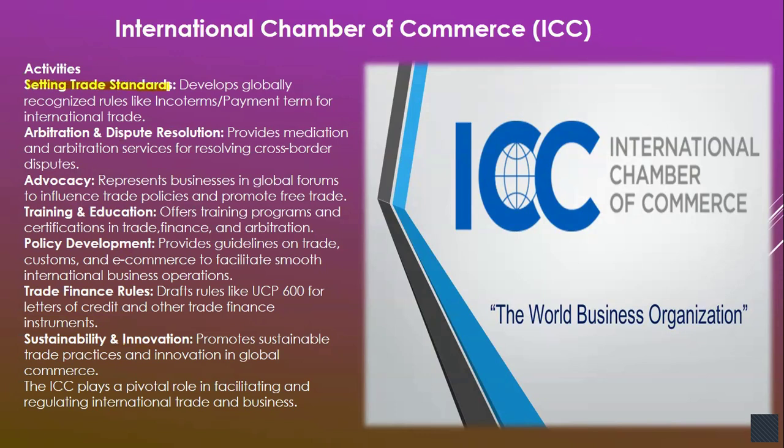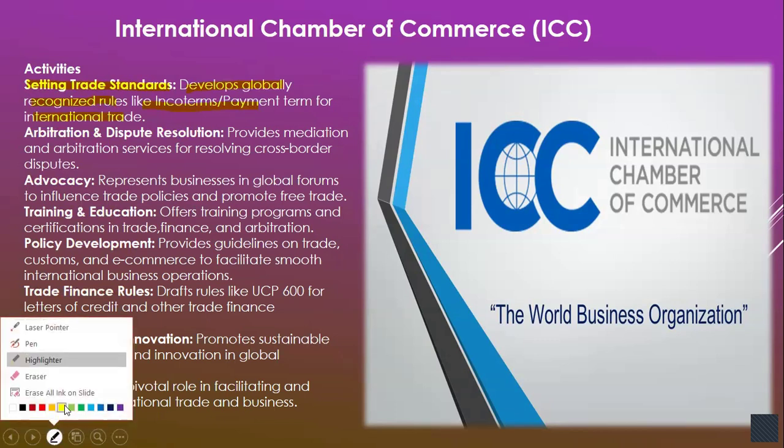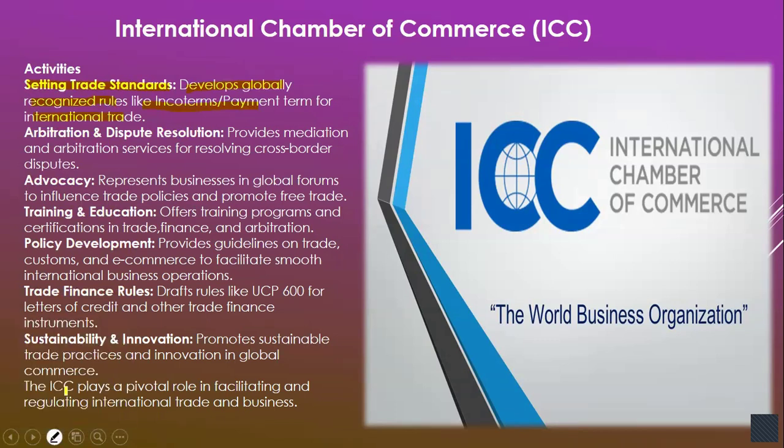Setting trade standards. The International Chamber of Commerce develops globally recognized rules, like Incoterms and payment terms for international trade. We know that globally, when we import and export goods, there are some rules and regulations we need to follow. Like Incoterms: while preparing the commercial invoice, we need to decide an Incoterm like FOB, CIF, CFR, DDP, DAP.